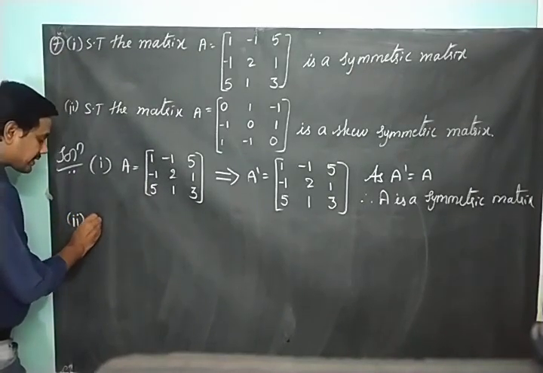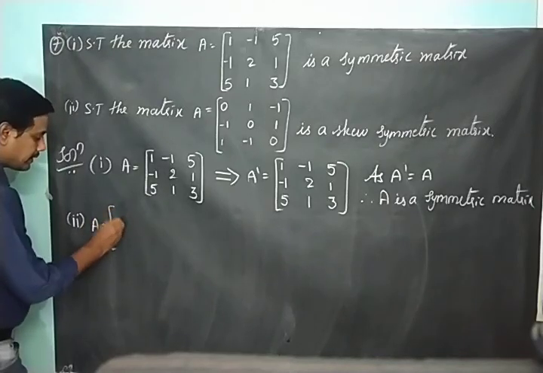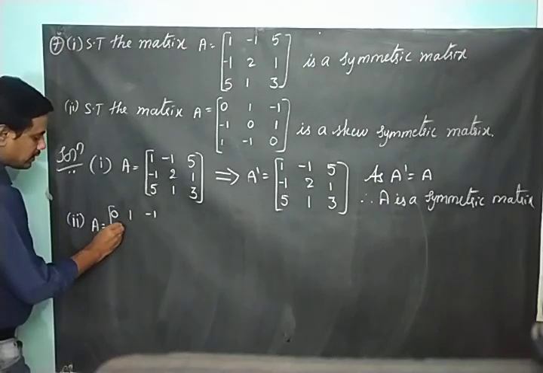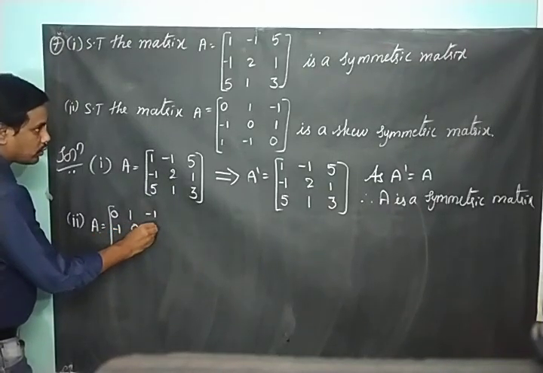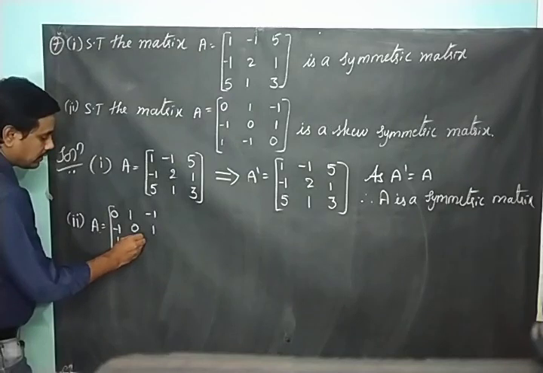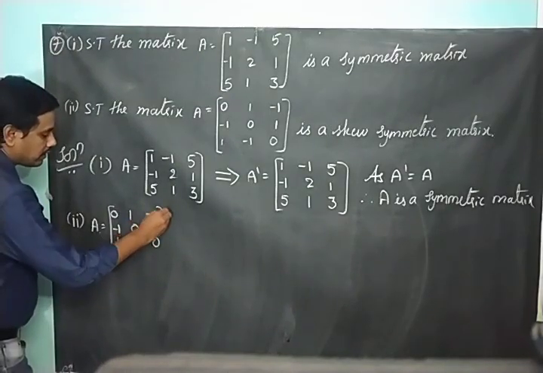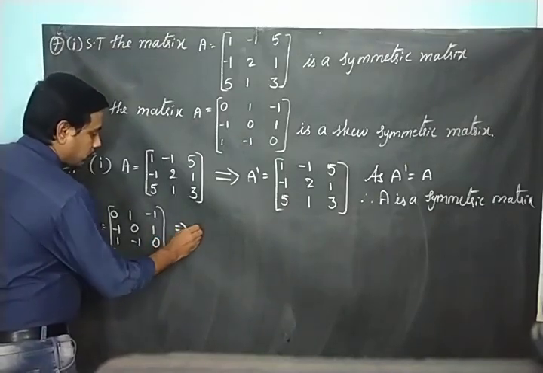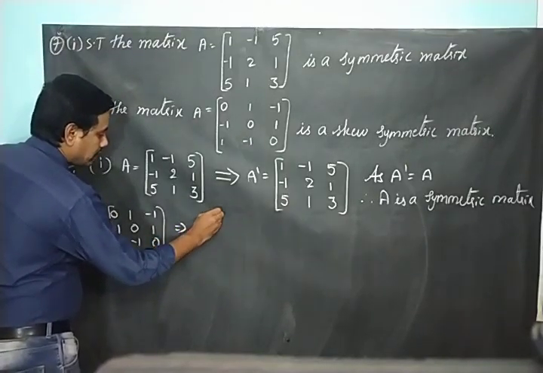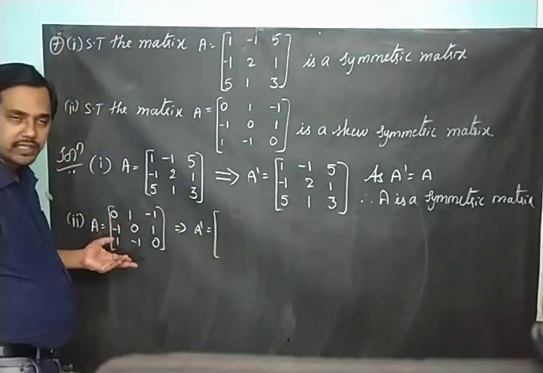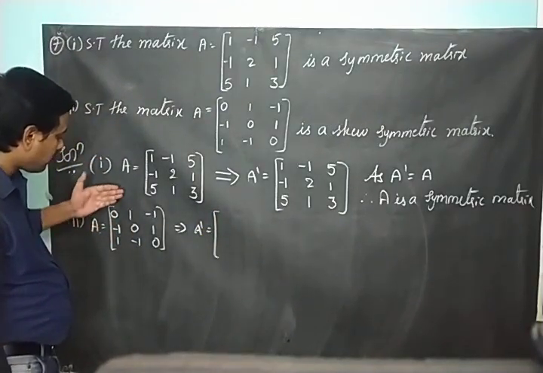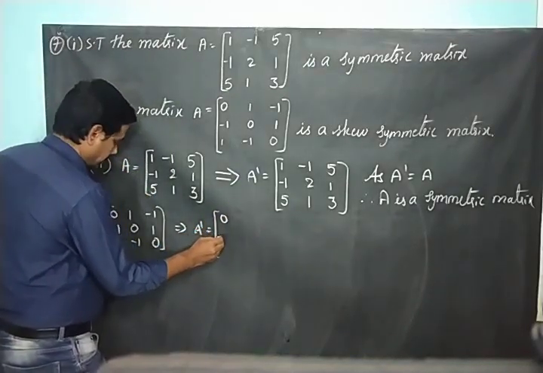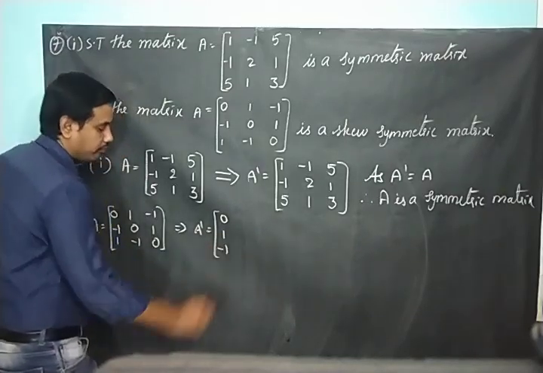What is the given matrix A? It is 0, 1, minus 1, minus 1, 0, 1, 1, minus 1, 0. What will be A transpose? Expressing once again rows as columns. In the first row we have 0, 1, minus 1, so let us put it as the first column: 0, 1, minus 1.